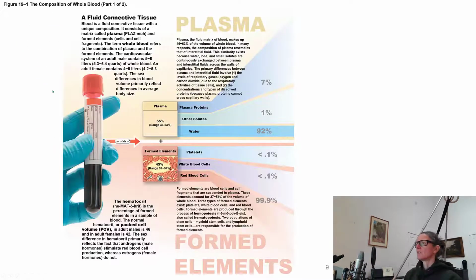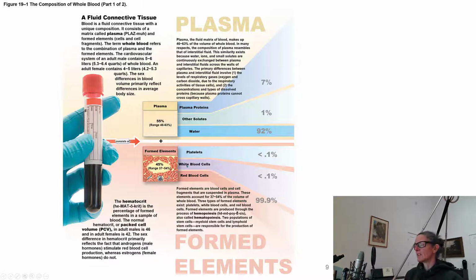Now here is a vial of blood, and this looks like whole blood. If we were to spin this down and fractionate it, we'd get about 45% of blood would be formed elements, and then the top 55% could be plasma, and there could be some variation in that. Our formed elements, of course, consist of our red blood cells. That's about 99% of our formed elements. Our white blood cells are few and far between.